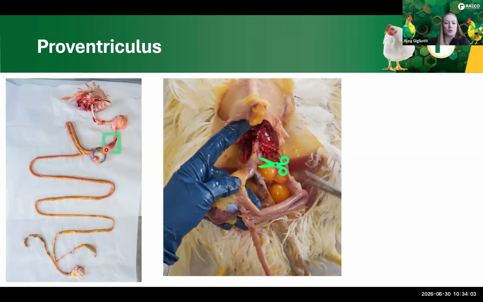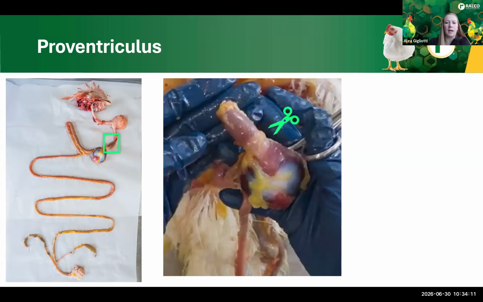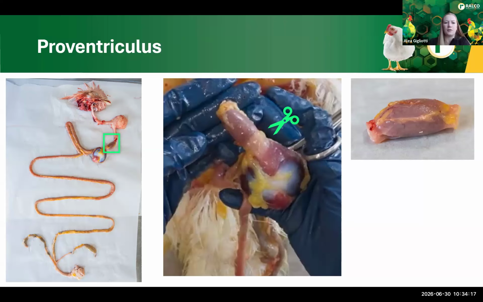This is going to be your bird's true stomach. It's, like I said, located between the crop and the gizzard, and there may be some connective tissue separating it, or some fat that you may want to pull back to expose it a little better. But this is going to leave you with an organ that's roughly the size of the heart, but it's going to be skinnier and longer.